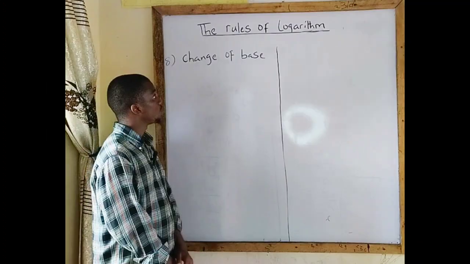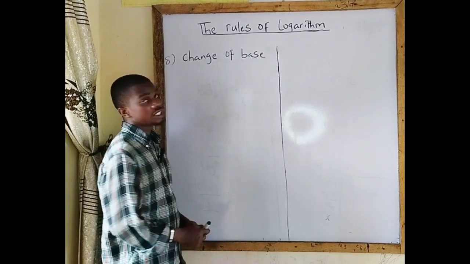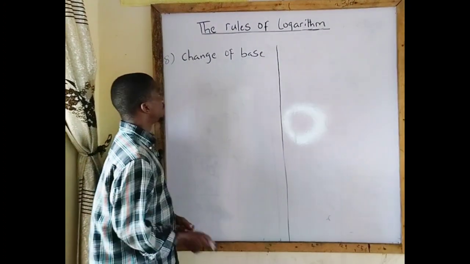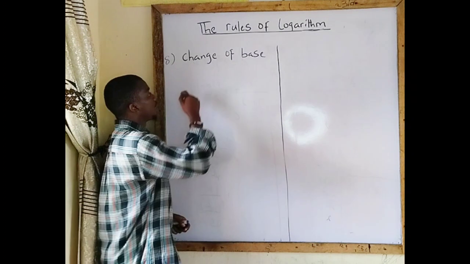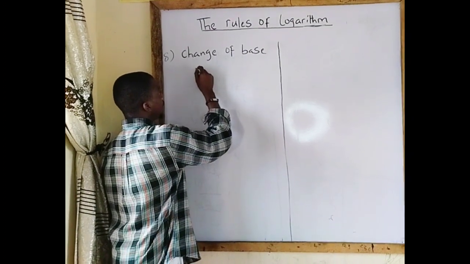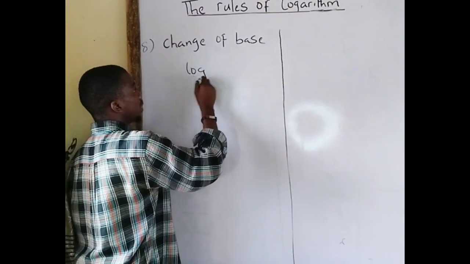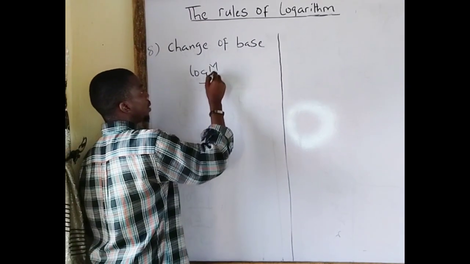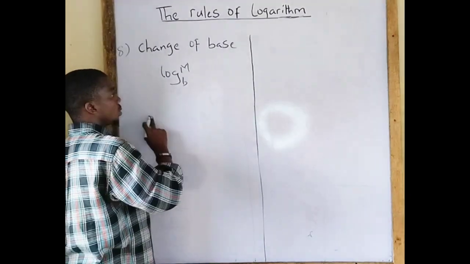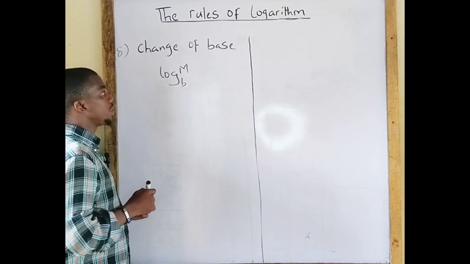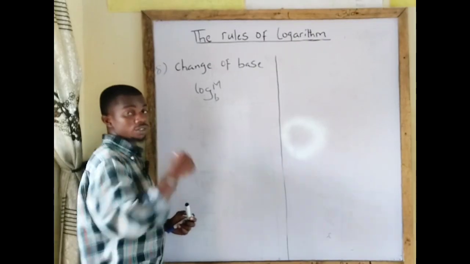The next rule we are going to consider is the change of base. If we have a logarithm, say log m base b, how can we apply change of base for this log?